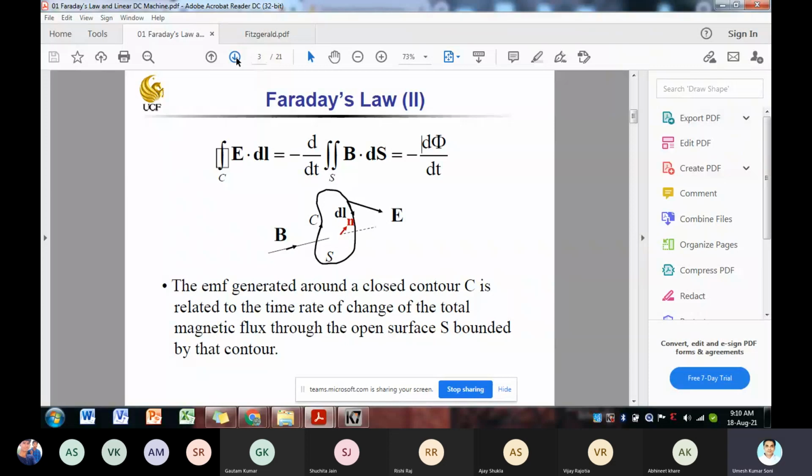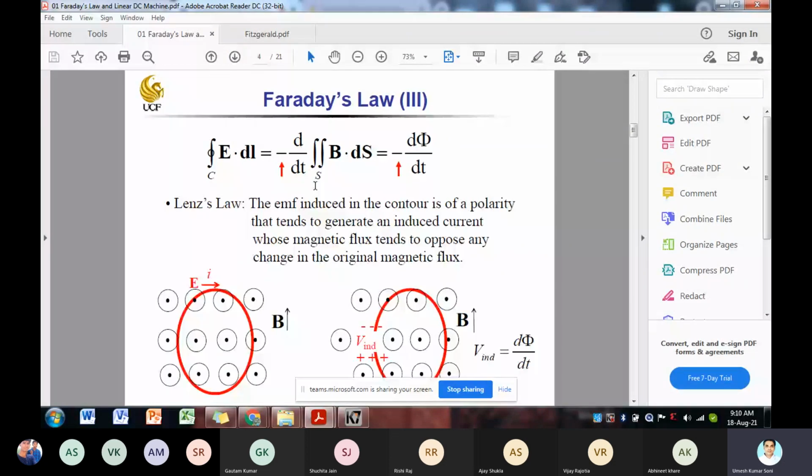All this you have studied. The negative sign is for Lenz's law. That is, if some field is there, the conductor itself will generate its field exactly opposite to the applied field. Due to this opposite term, the negative sign is there.